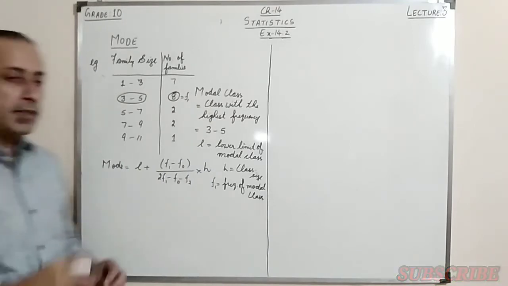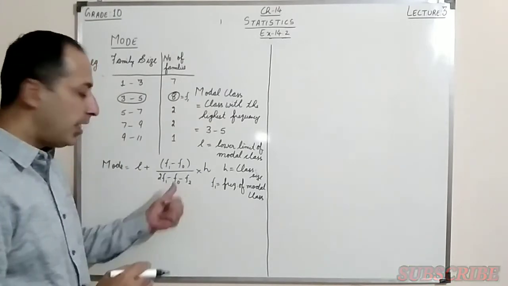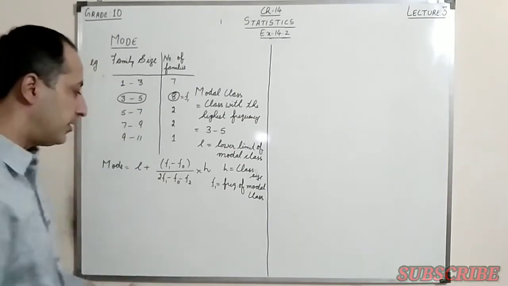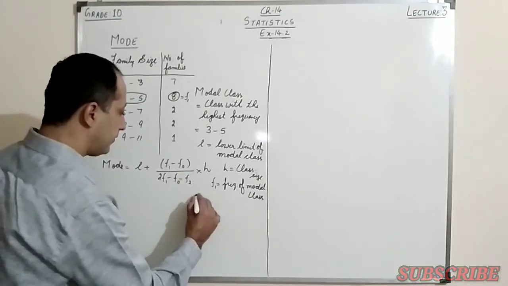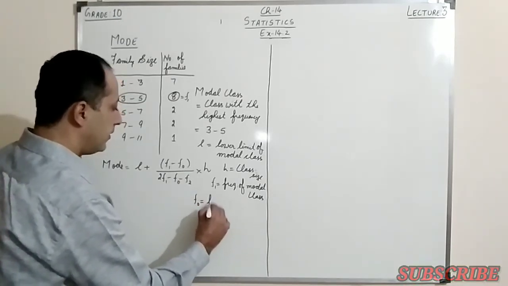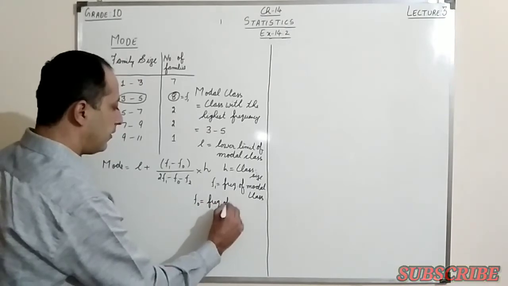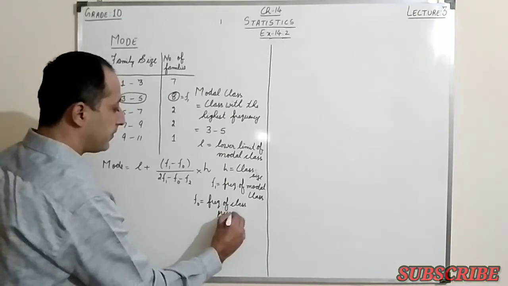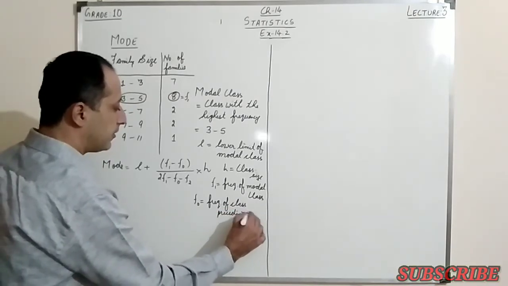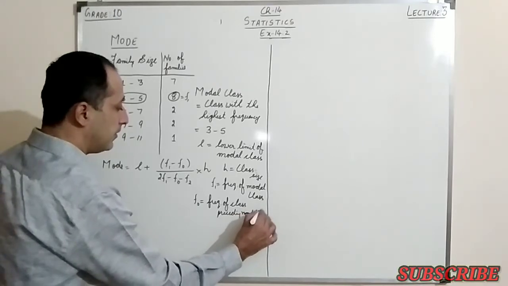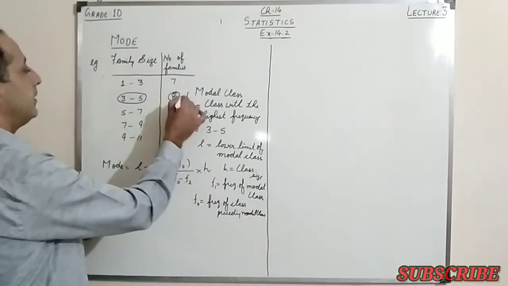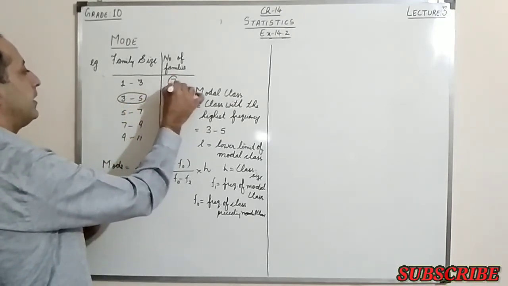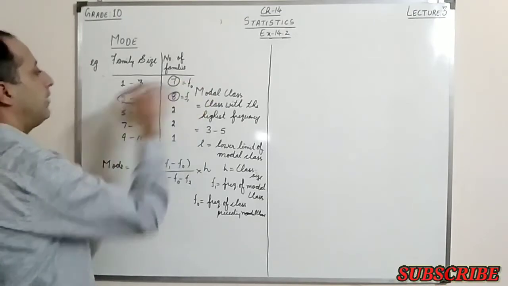Now we know that 0 comes before 1. It means F0 is the frequency of the class preceding the modal class. So this is the modal class and the class preceding it is 1 to 3, and the frequency of this is taken as F0.